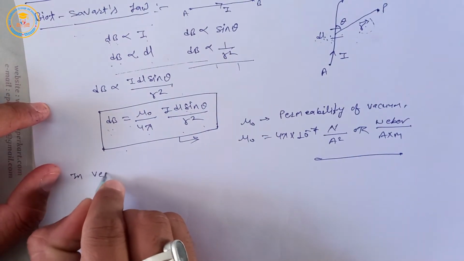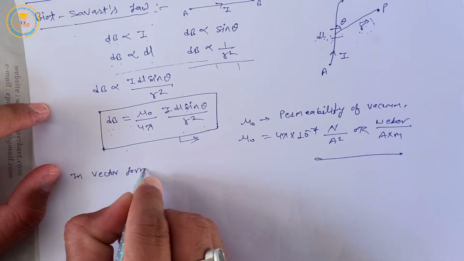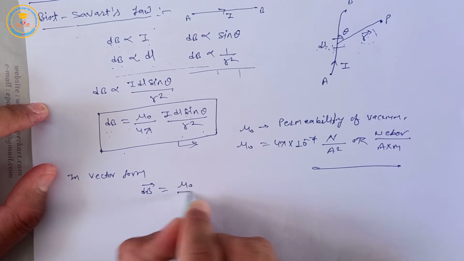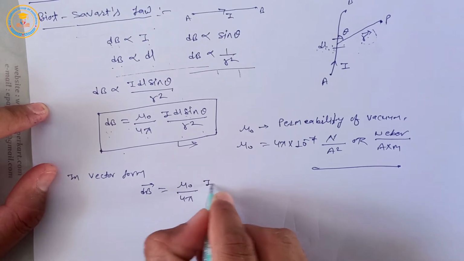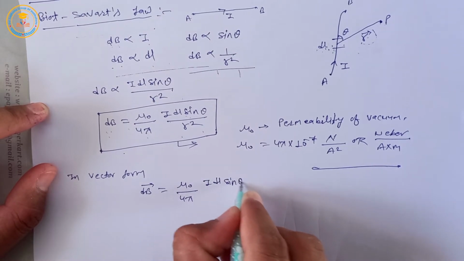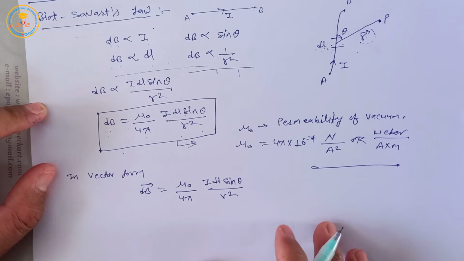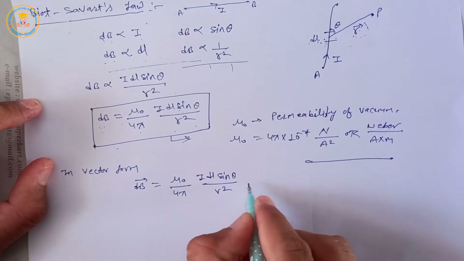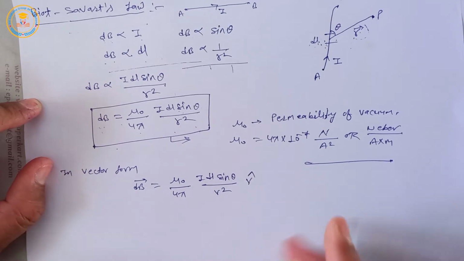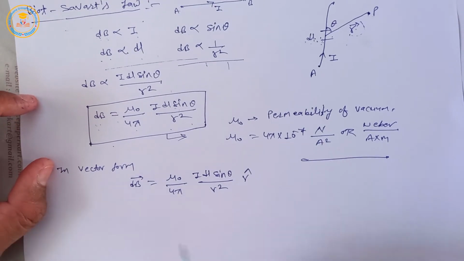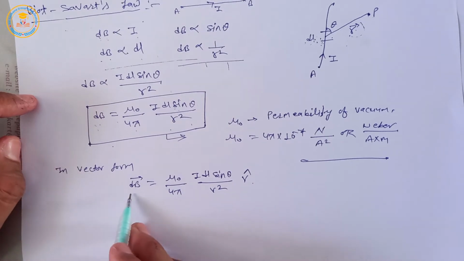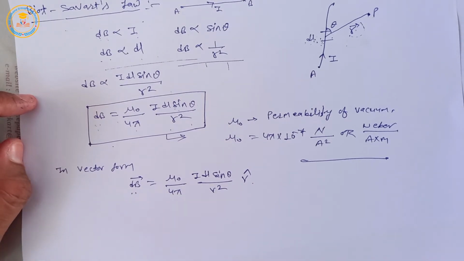Now we write it in vector form. In vector form, dB vector is equal to mu naught upon 4 pi I dl sine theta upon r square, multiplied by r cap. Here r cap is a unit vector, and the direction of this unit vector is along the magnetic field.